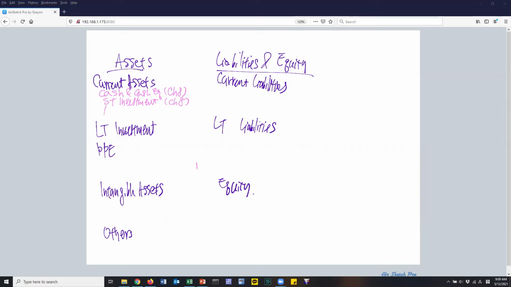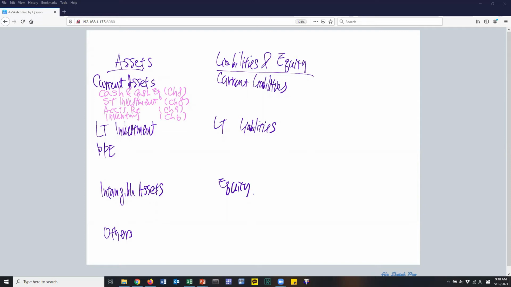We've seen accounts receivable in chapter 9. We've seen inventory in chapter 6, right? And prepaid assets and the like, we have a little bit more of current assets.